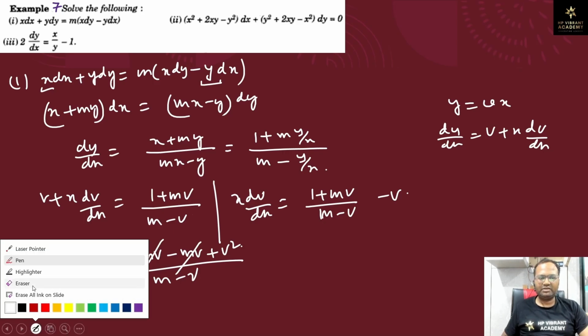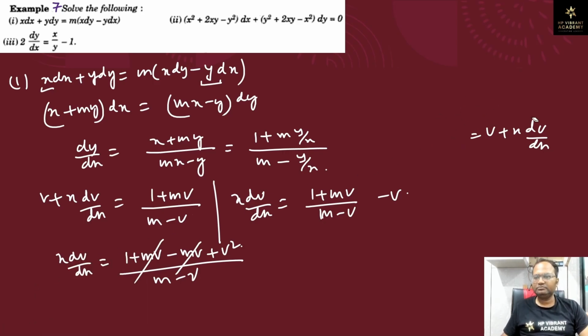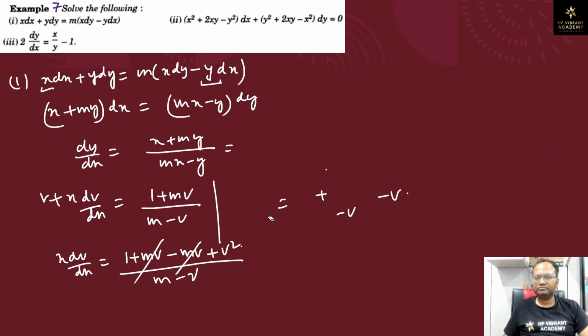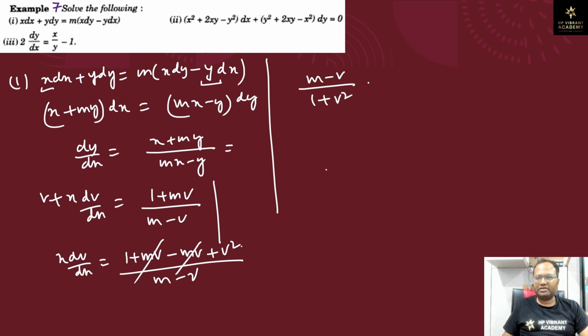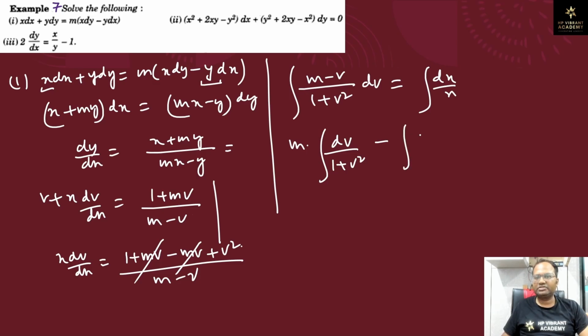So from here we have m minus v upon 1 plus v square dv is equal to dx upon x integration.